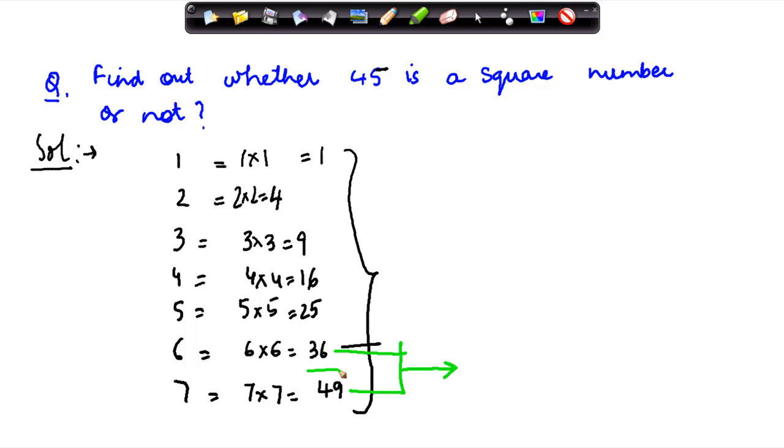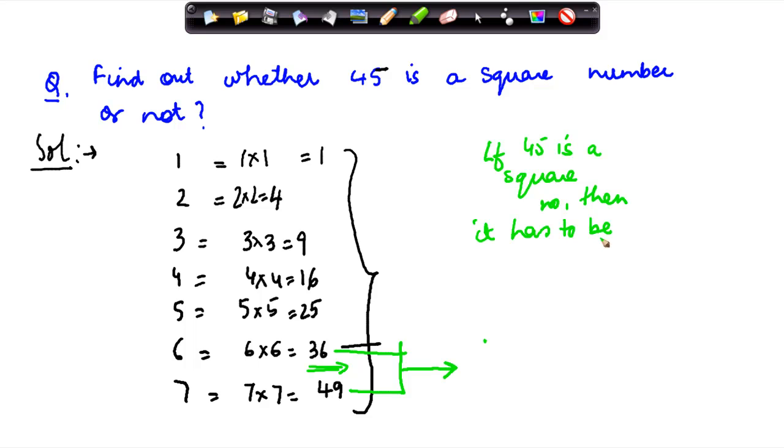So if 45 is a square number, then tell me, apply your mind, then it has to be x square is equal to 45, where x is a natural number.